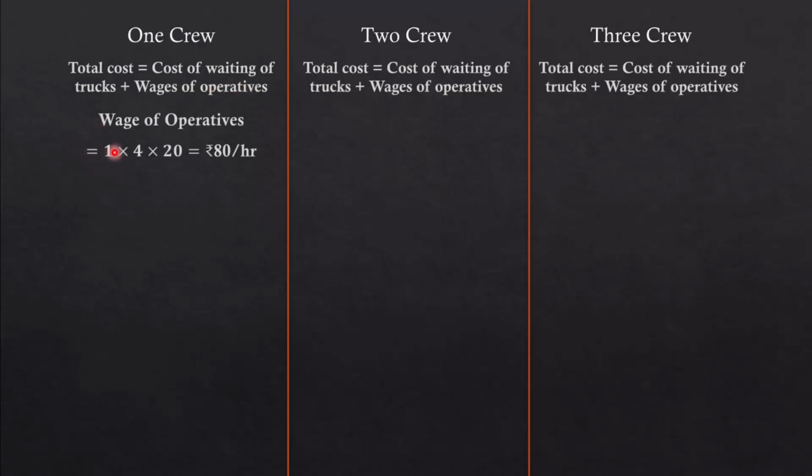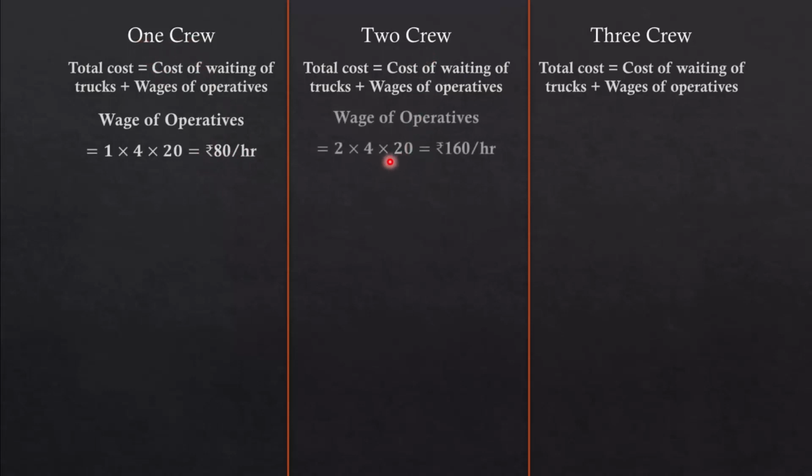When we have a single crew, and each crew has 4 operatives, and each operative is paid a wage of rupees 20 per hour, by multiplying this we get the wage of operatives per hour. So this is 80 rupees per hour for a single crew.